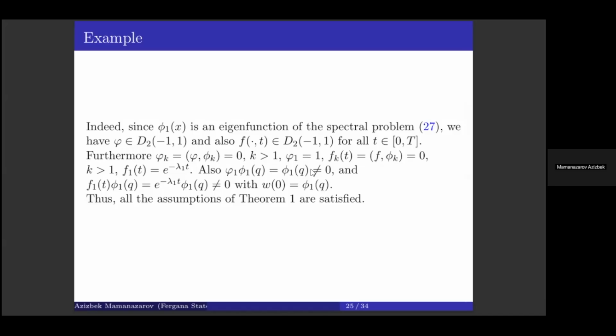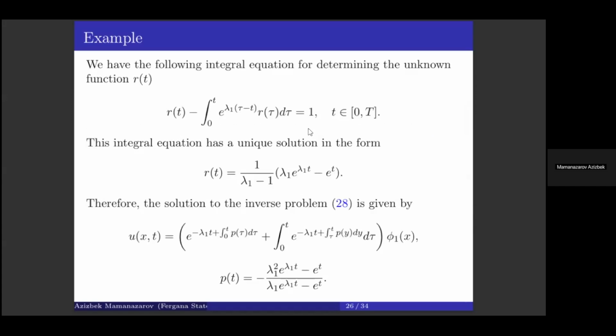This is a proof, and to define the coefficient of the inverse problem, in this case, we have the following type of integral equation, and by solving this integral equation, we will have the following form of the unknown function, and taking the derivative of this function, we can recover the unknown coefficient p of t of our problem in the following form.